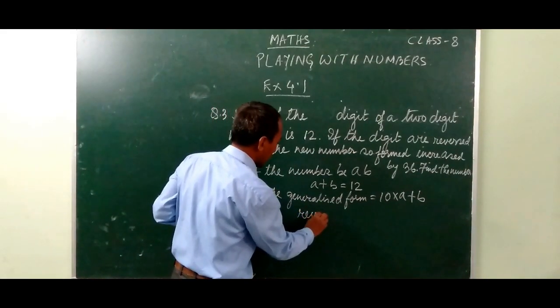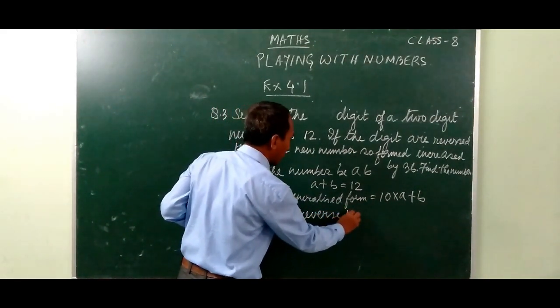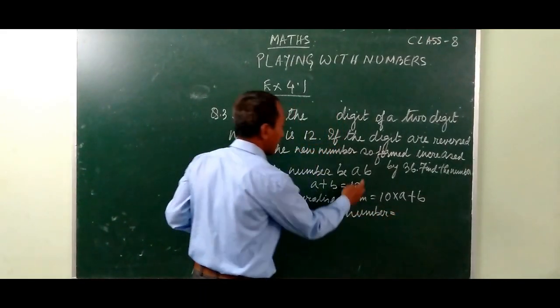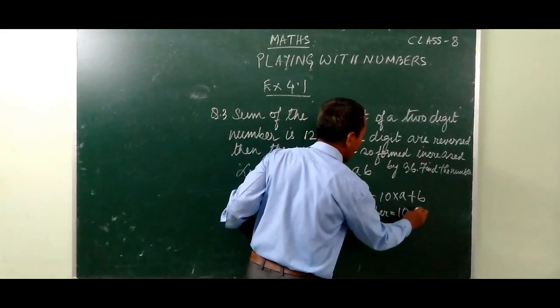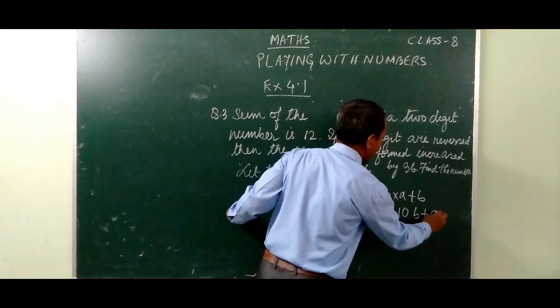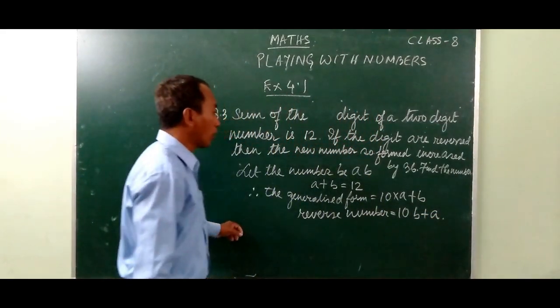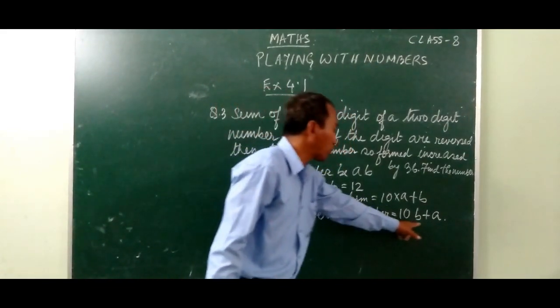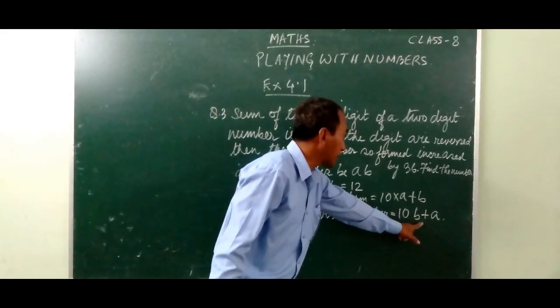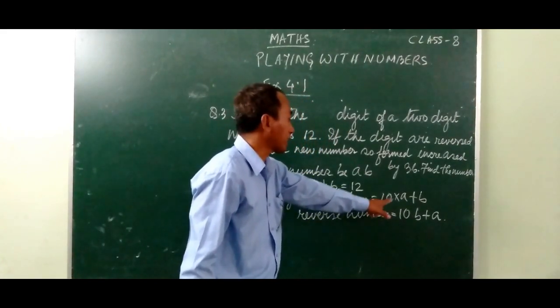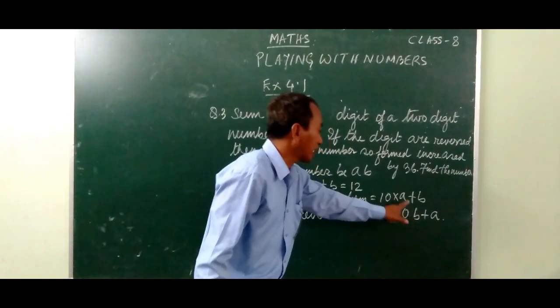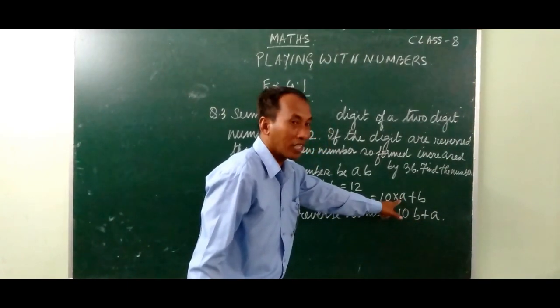The reverse number is 10 into unit place plus tens place. So this is the new number formed after reversing. This number is increased by 36 from this number. So this number is greater than this number by how much?